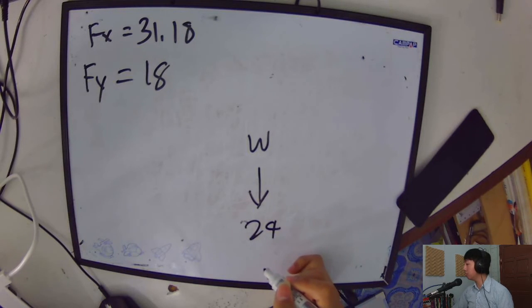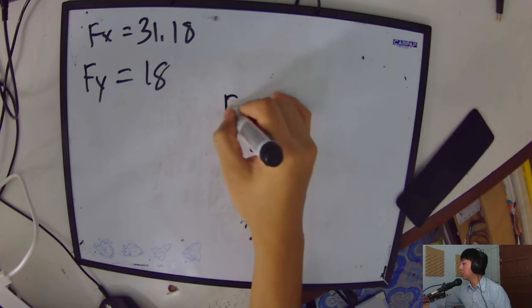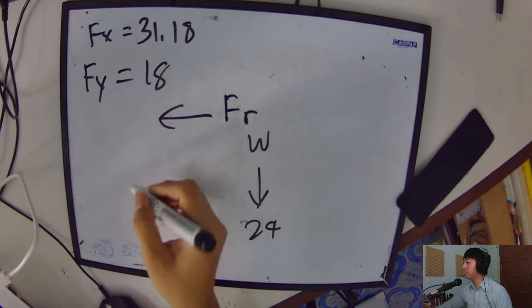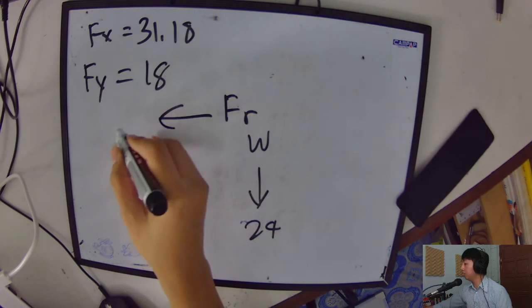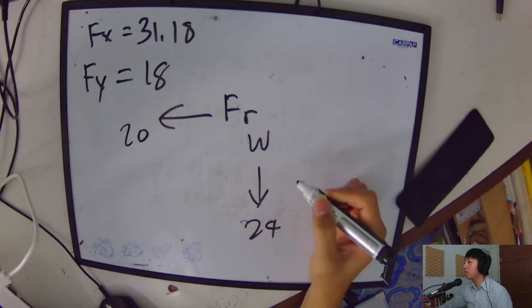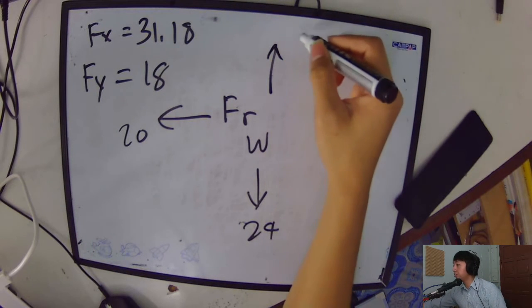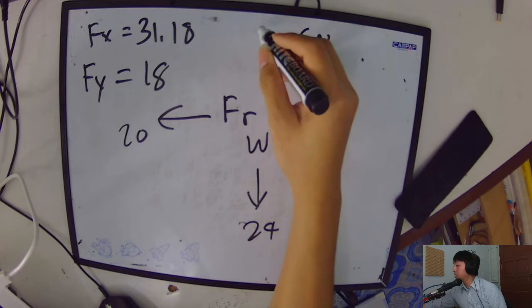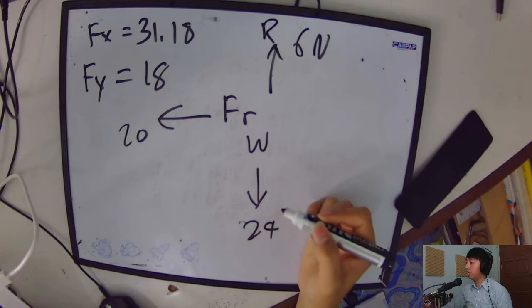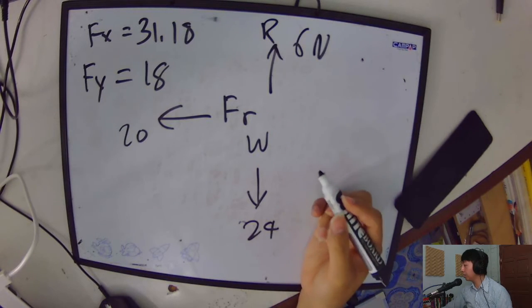We have frictional force, which is going this way at 20 newtons. We have normal reaction, which is 6 newtons. And yes, that's the only one given.